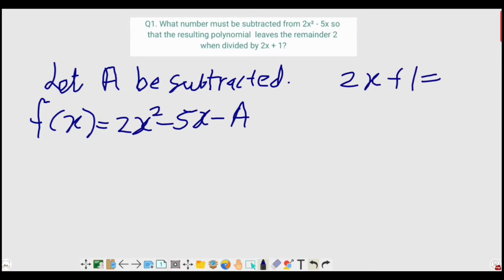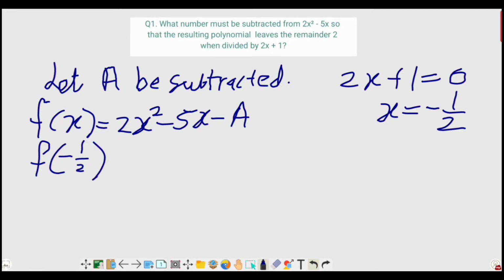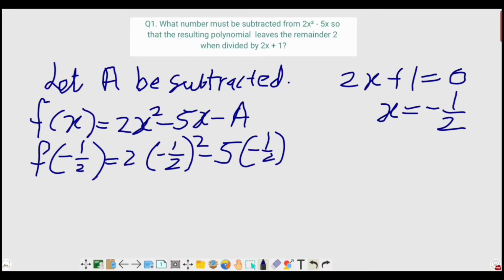When you consider it equal to 0, this will give you the value of x as minus 1 by 2. So first you find f of minus 1 by 2. Wherever x is there, you have to substitute the value minus 1 by 2. Keep minus A as it is. According to the remainder theorem, this is your remainder.